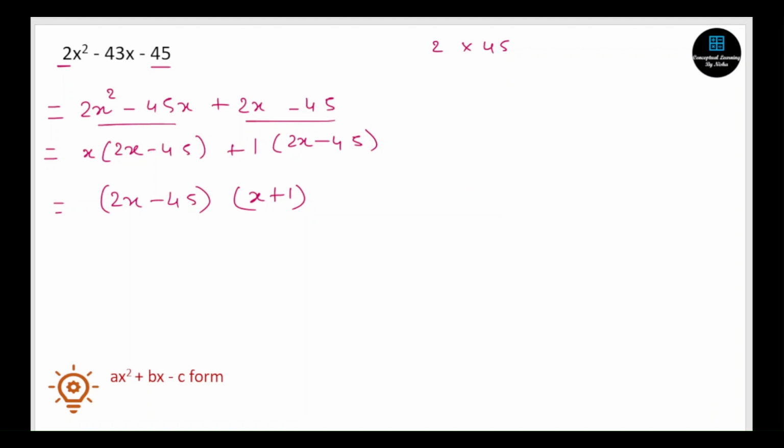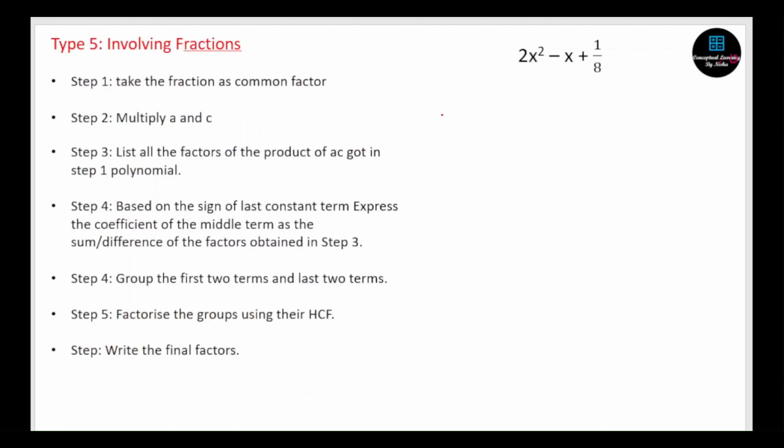Alright. Now, how to factorize when fractions are involved. Don't worry, when fractions are involved, don't get scared. Only the first step will be different. What you have to do is take the fraction as a common factor. What does it mean? Here 1 over 8 is there, so I'll take 1 upon 8 as a common factor.